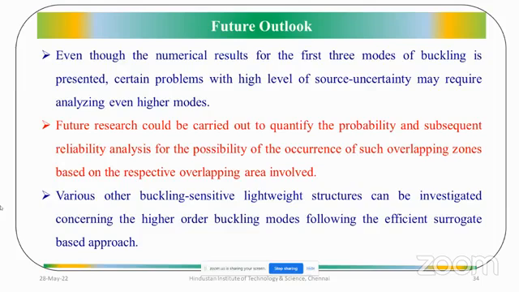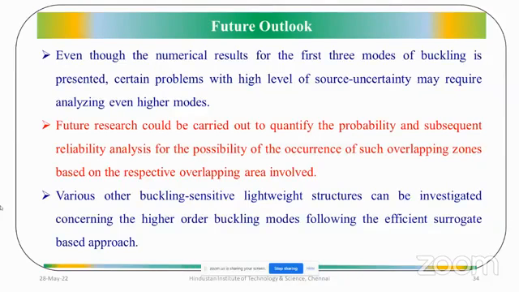The future outlook. Even though numerical results for the first three buckling modes are presented here, certain problems with a high level of source uncertainty may require analyzing even higher modes, right?